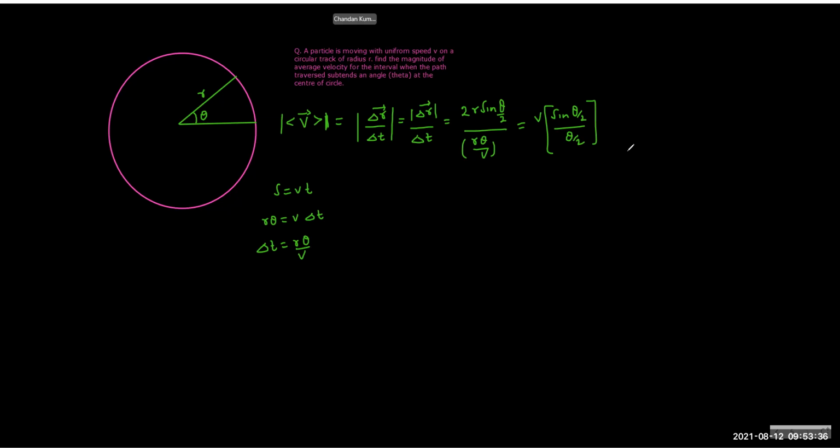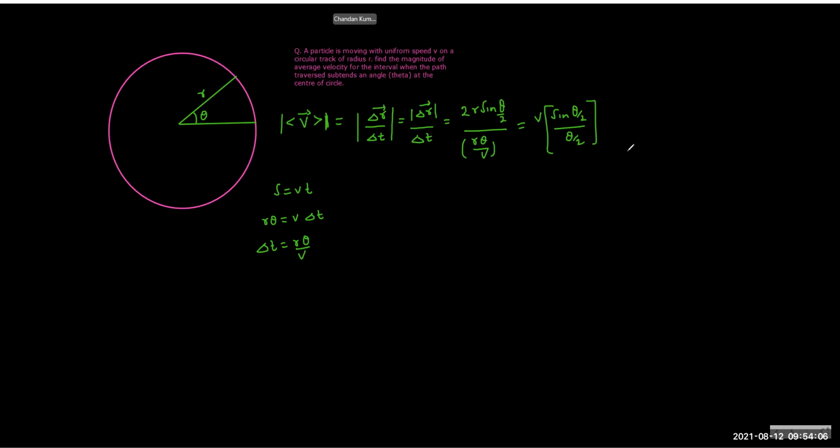For quarter circle, what is the displacement? Can you draw the quarter circle and try to find the displacement? It will be under root 2r square, which is r root 2.